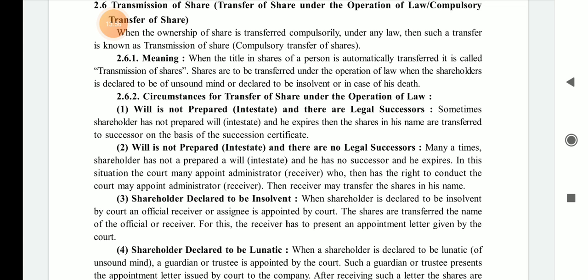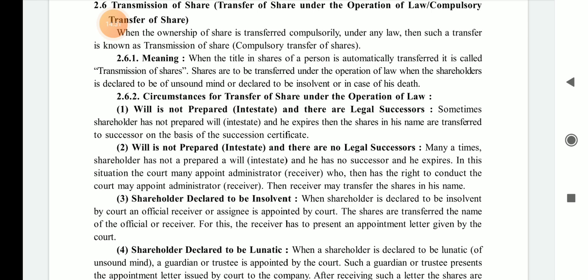Meaning, when the title in share of a person is automatically transferred, it is called the transmission of share. Means whenever a person's share is transferred compulsorily, at that time it is known as the transmission of the share. Shares are to be transferred under the operation of law when the shareholder is declared to be of unsound mind or declared to be insolvent, or in case of his death.